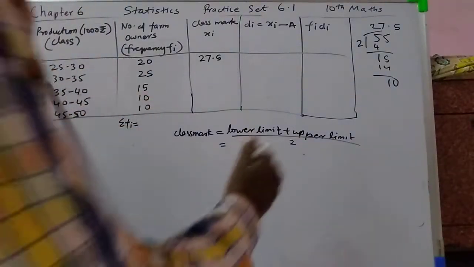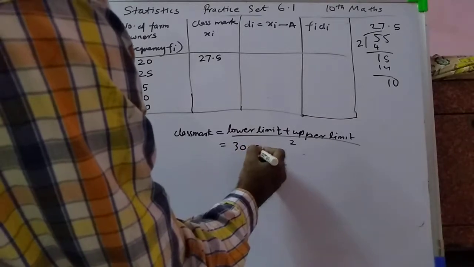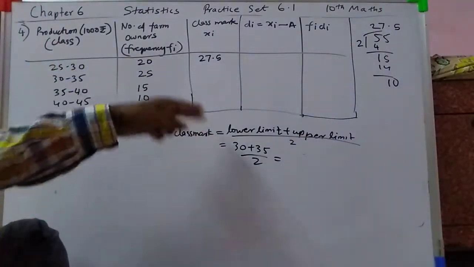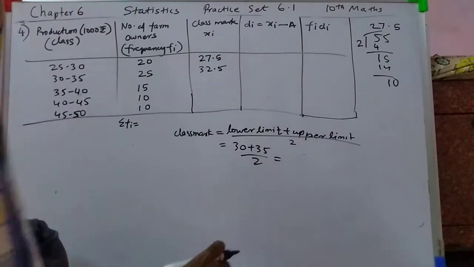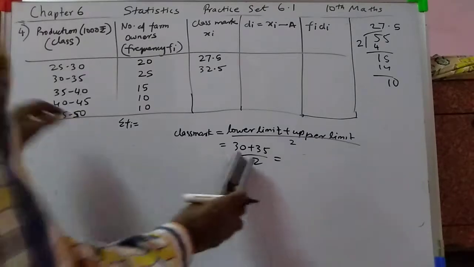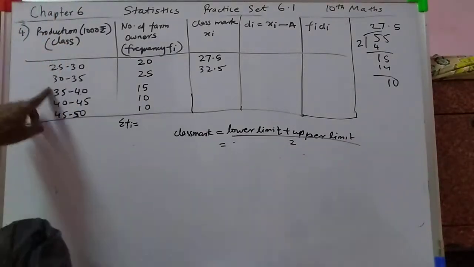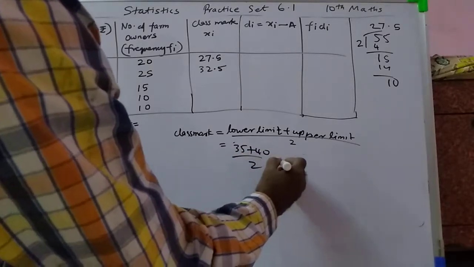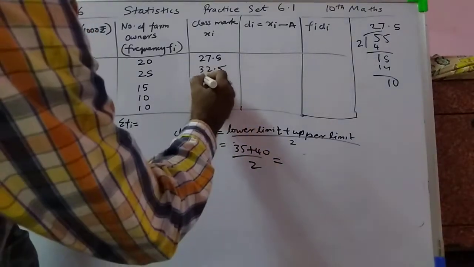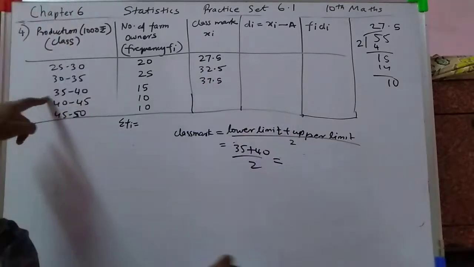Now let's do for this: 30 plus 35 upon 2. Do it here and you will get 32.5. Then this one, 35 plus 40 upon 2, that also will get 37.5.